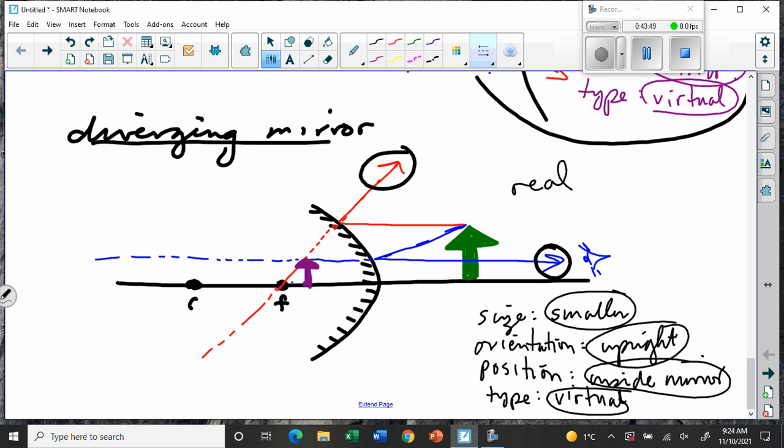And so that is how we find images in diverging and converging mirrors. All right, we're going to take a break and we'll practice this a little bit. And then we'll look at applying mathematics to this and actually develop some mathematical formulas that will allow us to predict where these images are and their types and magnifications and so on.